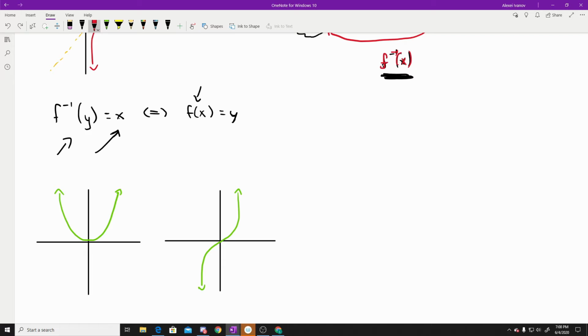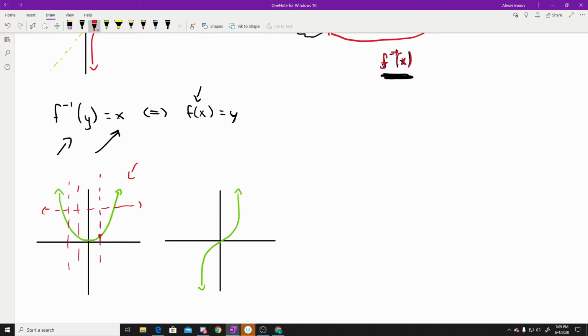In order to have an inverse, you would need to pass both the vertical line test, meaning every x could only map to one y, and you would also need to pass the horizontal line test, meaning that every y could only map to a single x. So if we look at this example right here, this function will pass all the vertical line tests.